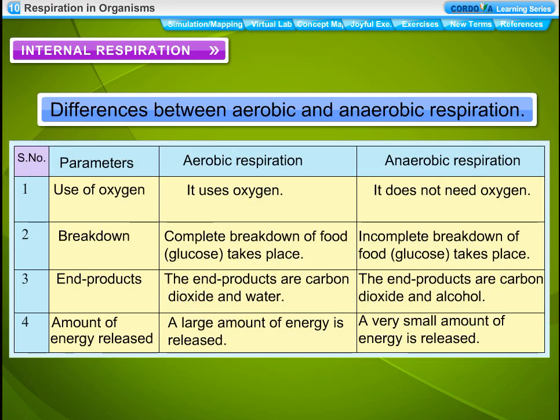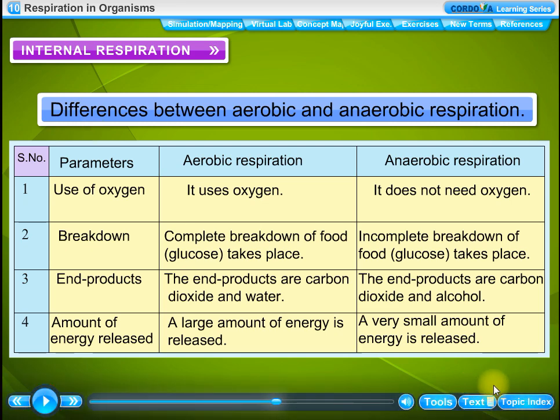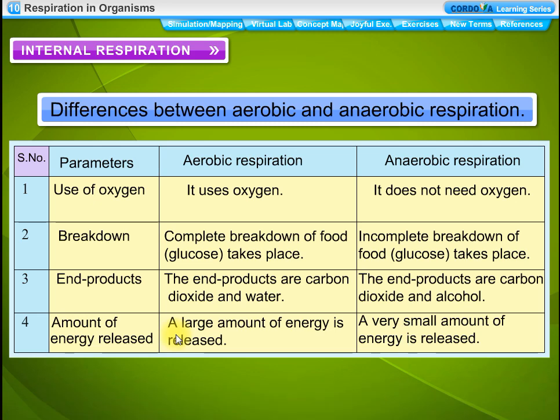Table: differences between aerobic and anaerobic respiration. Serial number 1, 2. Parameters: use of oxygen, breakdown. Aerobic respiration: it uses oxygen. Complete breakdown of food, glucose, takes place. Anaerobic respiration: it does not need oxygen.